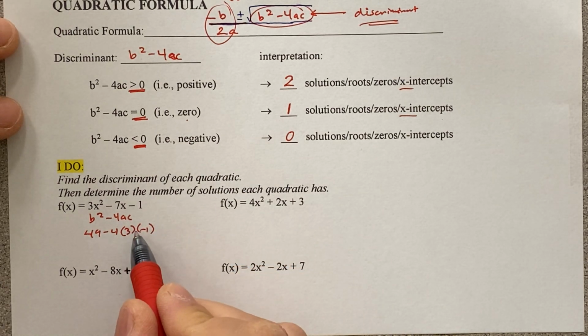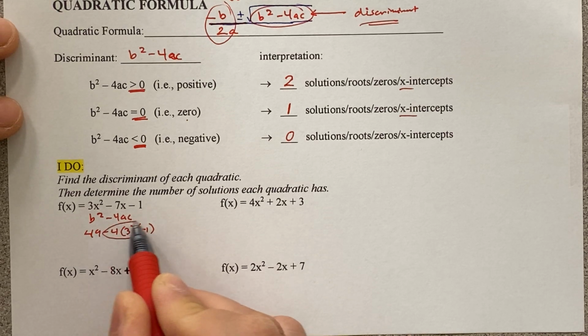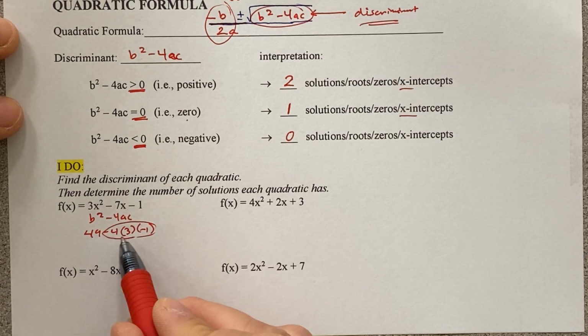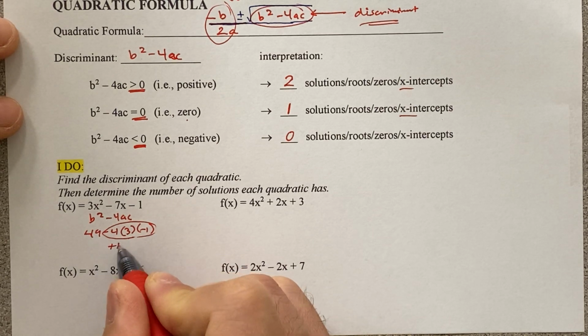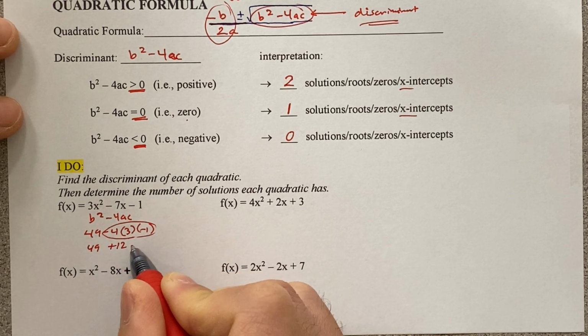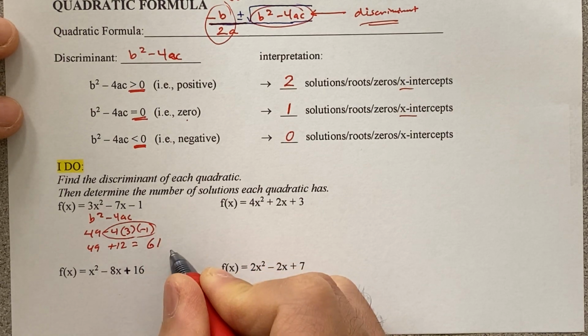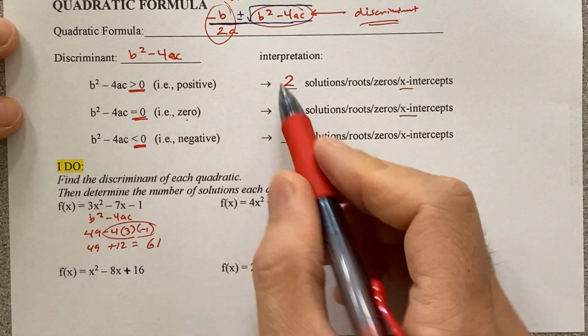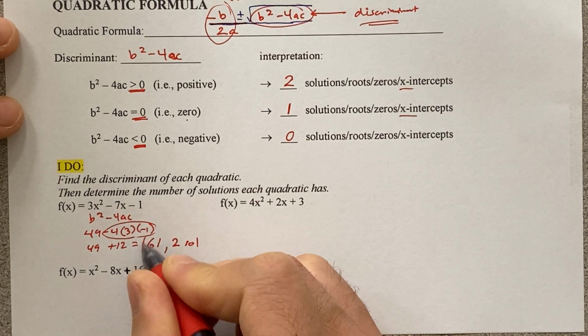The worst part is just being able to compute this. I recommend multiplying these first. So negative 4 times 3 times negative 1 is positive 12. So it's going to be 49 plus 12, which equals 61. So the discriminant is 61, which is positive, which means I have two solutions.